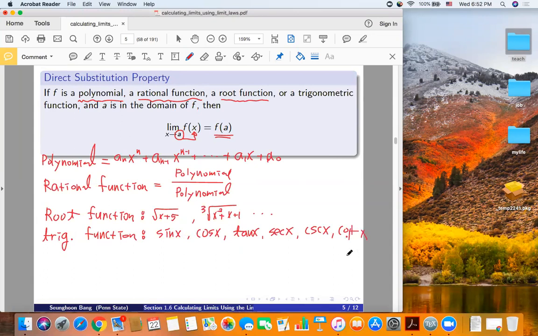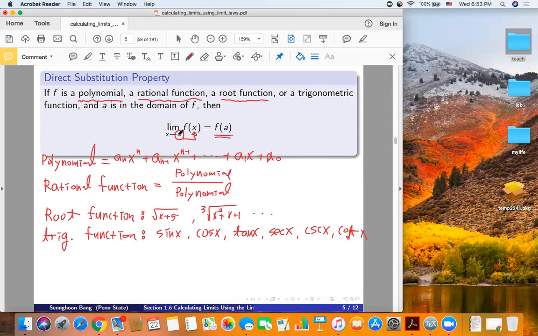So we have the 6 trigonometric functions. Do you get it? So these are polynomial, rational function, root function, and trig functions. In this case, how can you find the limit?